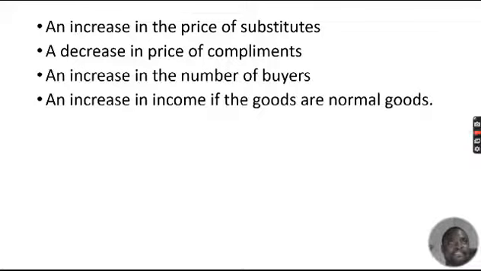But it's just natural. Once your income level has increased, you tend to change class. So an increase in income if the goods are normal goods. So I'm now a PS, I'm getting 30,000 and above. Automatically, I'll start buying goods that are normal goods, boutiques, butcheries. Therefore, I'll increase the demand for normal goods.